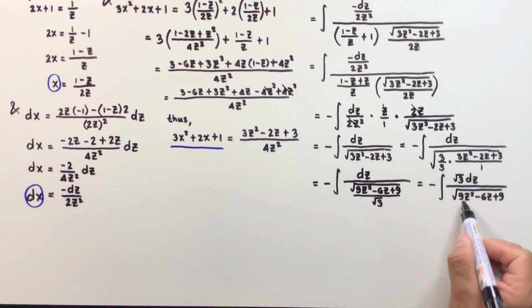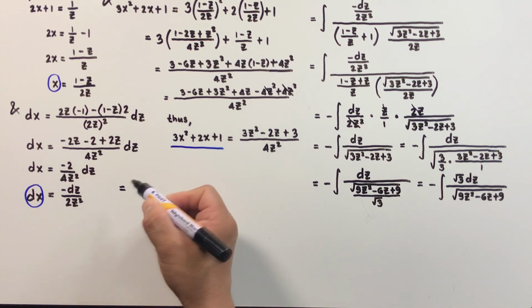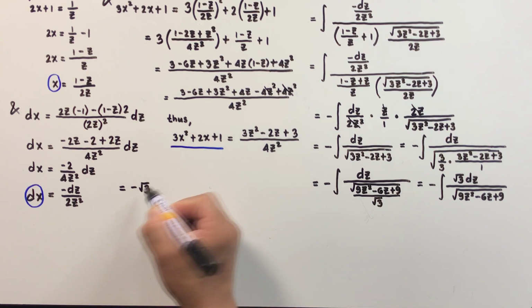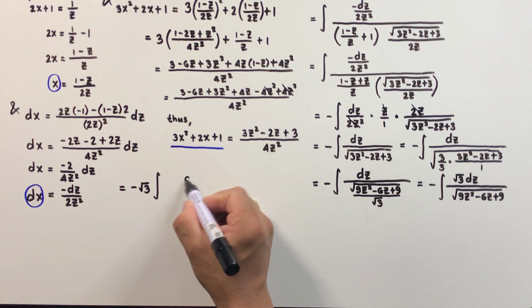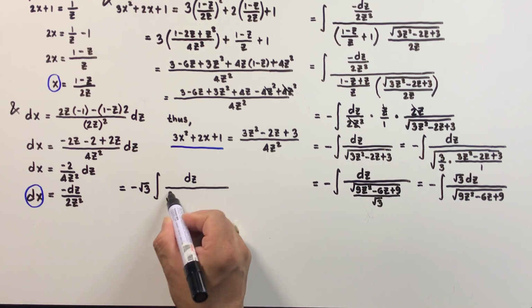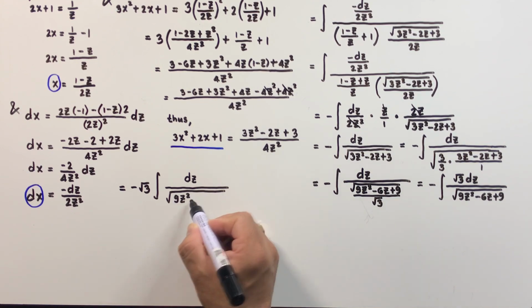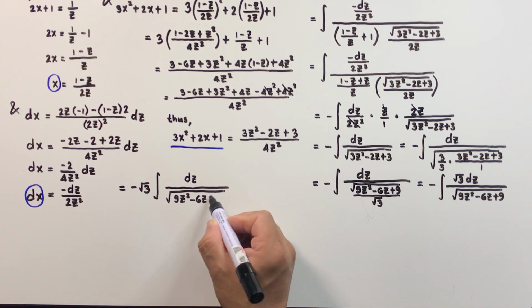So with this quadratic in our radicand, we can form a perfect square trinomial. And factoring out this constant of square root of 3, we have the negative square root of 3 times the integral of dz over the square root of our radicand, which is 9z squared minus 6z plus 1.